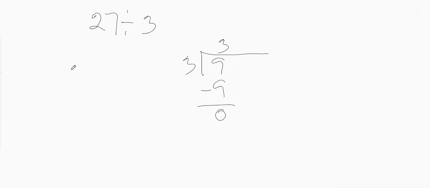Okay, so same thing you would do, and when you're doing this on your paper, you don't want to put it way up at the top of the paper because your answer is going to go up here, and if you don't have room to write, it's going to be difficult for you to put your answer up there. You want to give yourself room to work, so you want to come some ways down the paper and then write your problem in here where you have room to write on top of the equation. You're going to put your 3 here. You're going to put your 27 here.